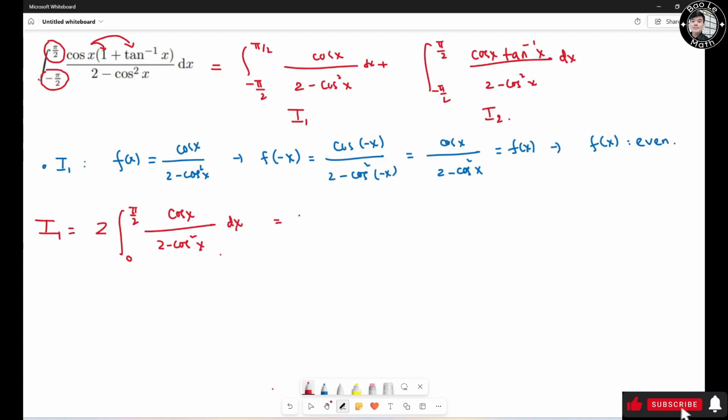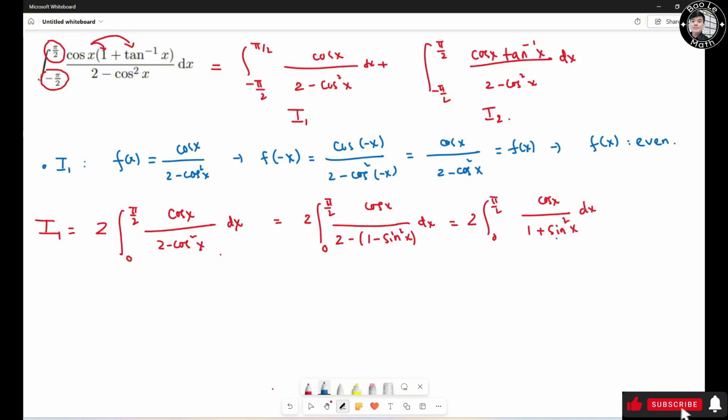So this is 2 times the integral from 0 to pi over 2 of cosine s over... cosine square of s becomes 1 minus sine square of s, so this turns out to be 2 times the integral from 0 to pi over 2 of cosine s over (1 plus sine square of s) ds. Now I'm going to use u substitution.